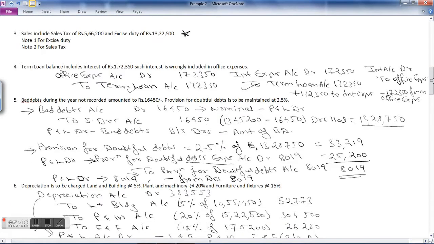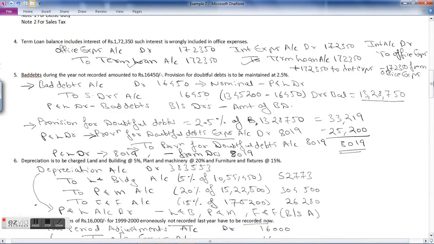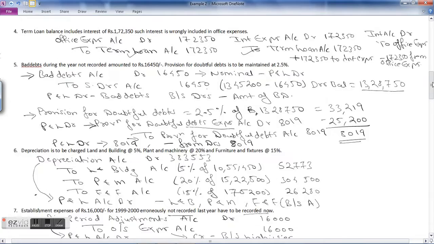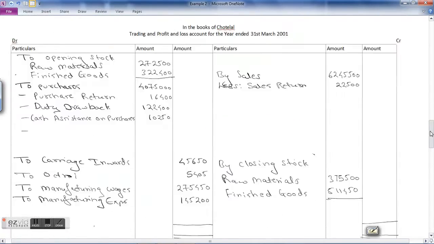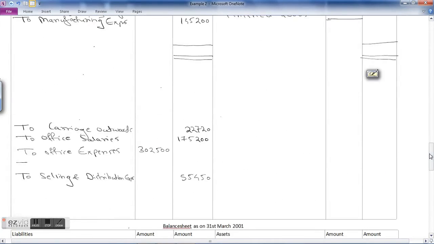Then term loan balance includes interest of 1,72,350. Such interest is wrongly included in office expense, so we have to add it to interest expense and reduce it from office expense. 1,72,350. So profit and loss account debit side, office expense less interest on term loan.